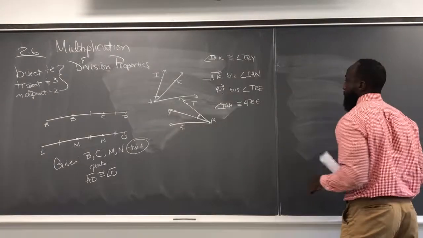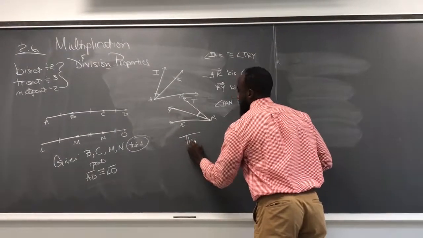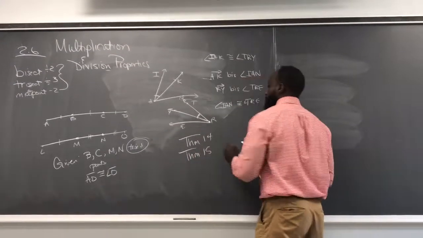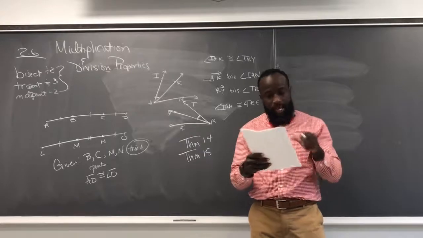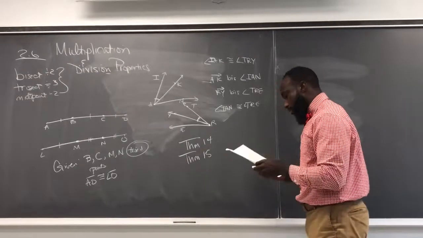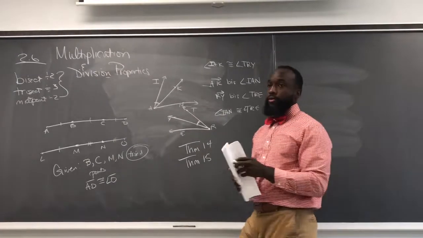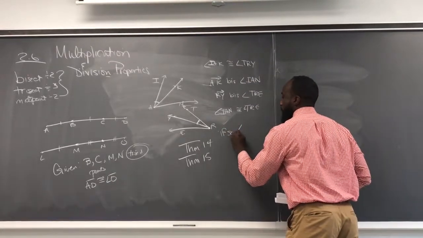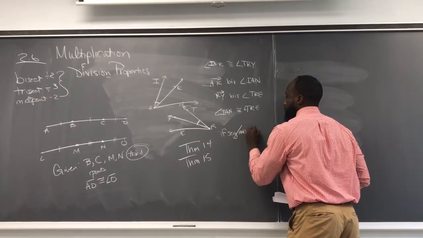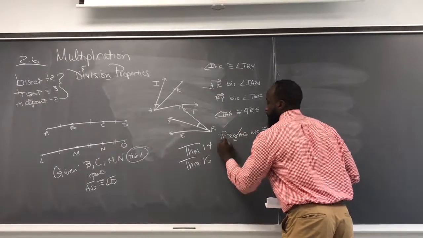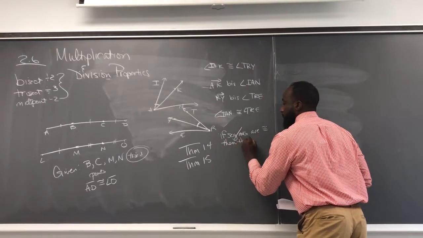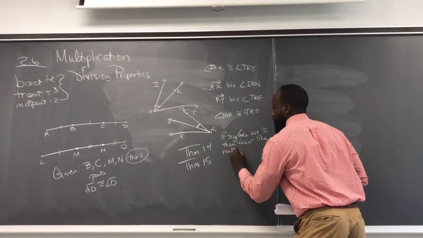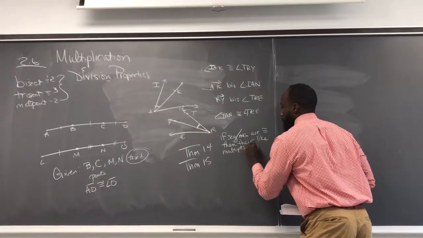If you got your green papers, at least you have your new theorems, Theorem 14 and Theorem 15, right? Theorem 14 says that if segments and angles are congruent, they're like multiples of congruent, right? So, if segments or angles are congruent, then their like multiples are congruent.